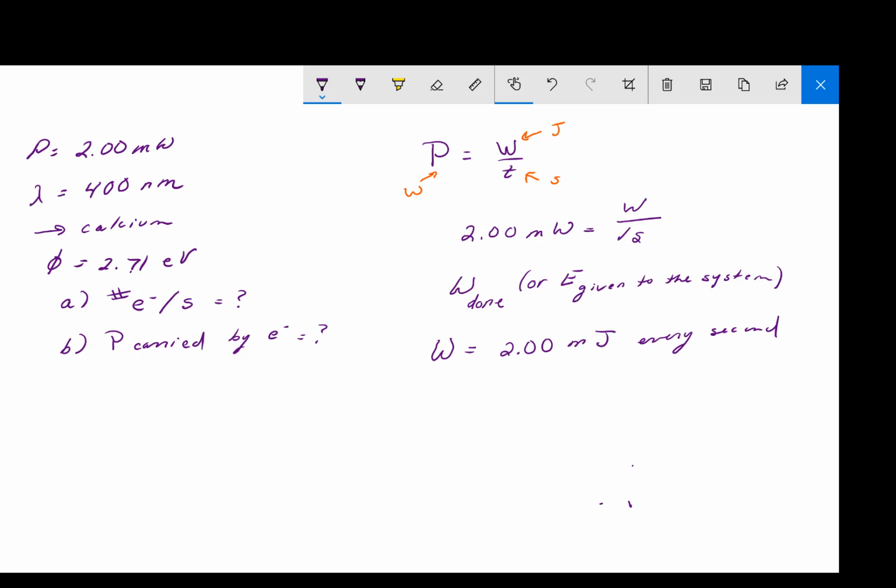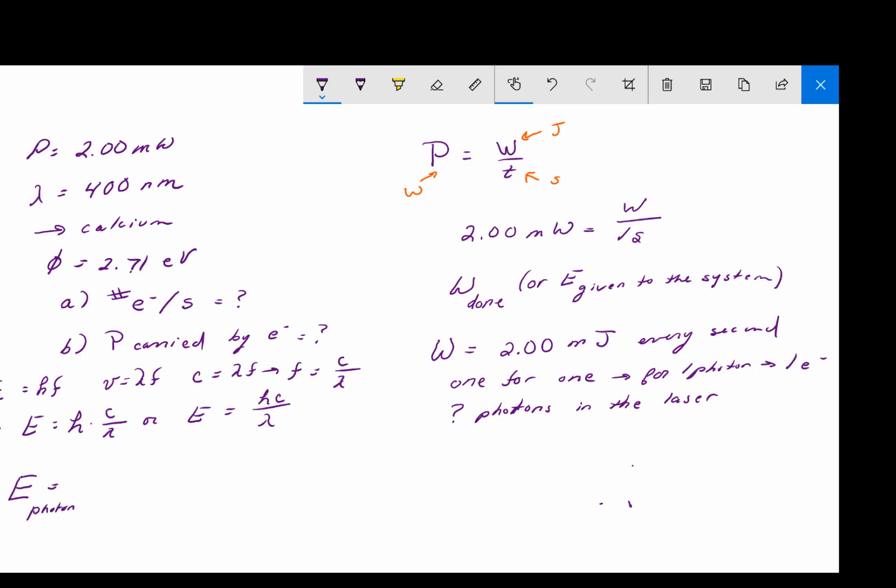But actually, the amount of photons we have is going to correlate to the number of electrons coming out. So we really just figure out how many photons you have in 2 millijoules. 1 for 1. For every 1 photon, you have 1 electron. How many photons are being generated by the laser with that 2 milliwatt power?